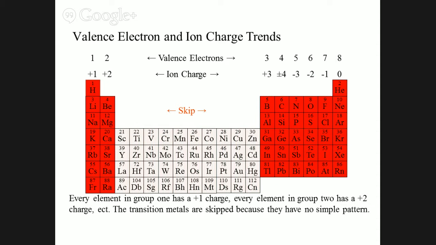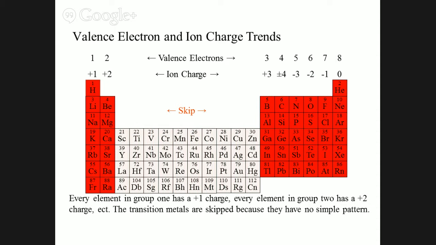Everybody in column 1, the alkali metals, all have 1 valence electron, 1 electron in their outermost shell. And then 2, skip, 3, 4, 5, 6, 7, and 8. We, of course, skip the transition metals because they have no simple pattern. However, we will be able to determine what charge a transition metal element will have based on what it's bonding with, because everybody wants to be like a noble gas.